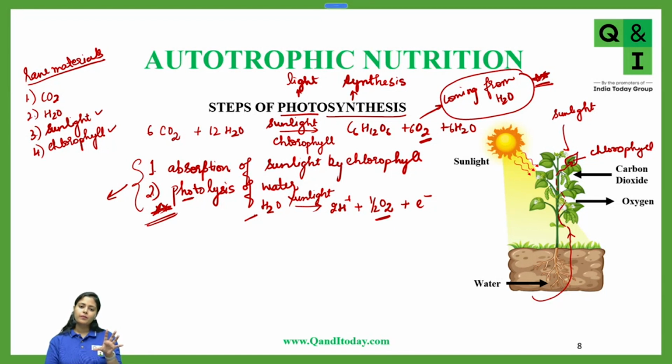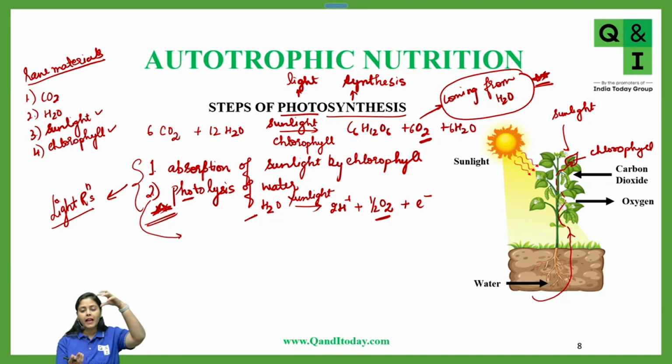So these two processes come under the light reaction of photosynthesis. Now, what happens in the second step? While sunlight is getting absorbed by the chlorophyll and photolysis of water is taking place, eventually the light reaction is happening. The light reaction is basically the sum of these two points.